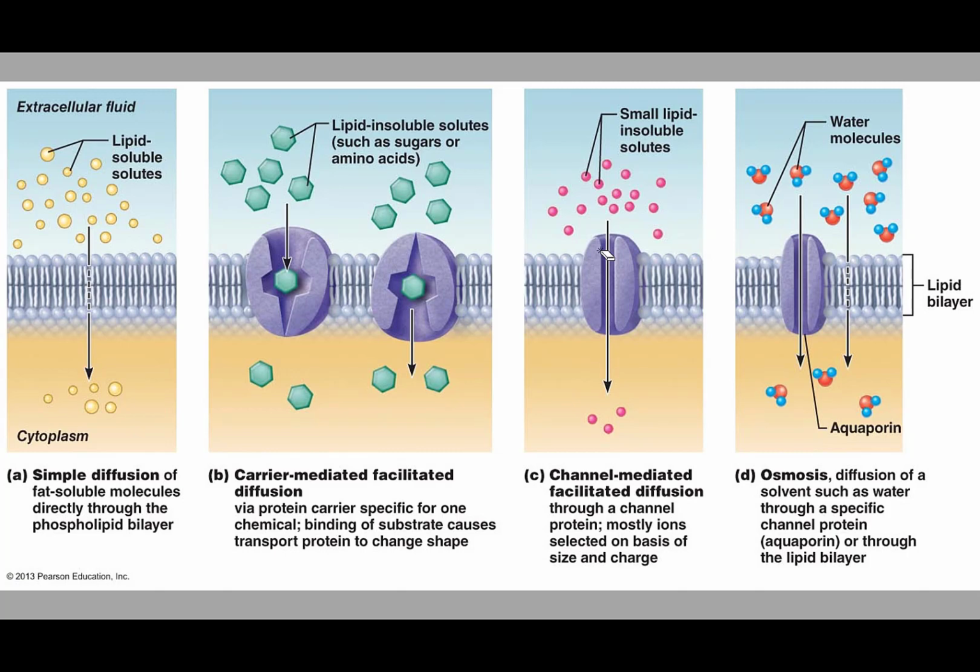They are either too big, or they're not lipid soluble, or whatever it is. So they cannot just diffuse through like we see over here on the left. That's not an option for them. So we have proteins. On the carrier-mediated facilitated diffusion, we have a protein that's closed, but when something binds to that protein, it causes it to change shape, and now it's open, so it diffuses inward.